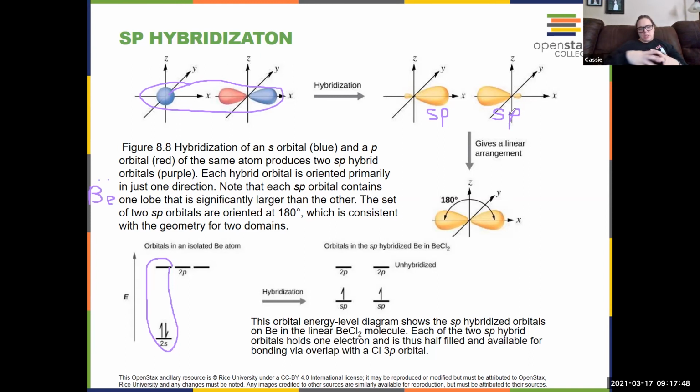So it doesn't get rid of the S shell, it just combines the two? It combines the S and the P together, and then it splits it up because you had an S and a P, so you had 2 shells going in there, so it's going to make 2 hybrids of it. So this will be one hybrid, this will be that other hybrid. So that's what's happening right here. And then once it does that, it puts 1 electron in each so that those electrons can interact with whoever they want to interact with, in this case, chlorine.